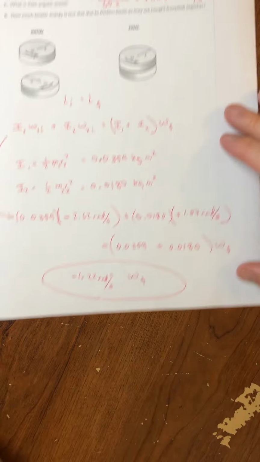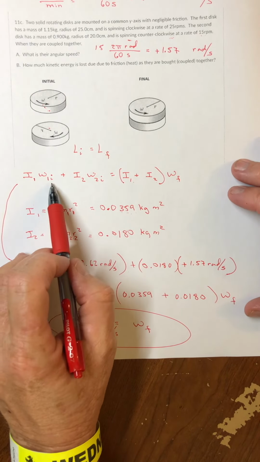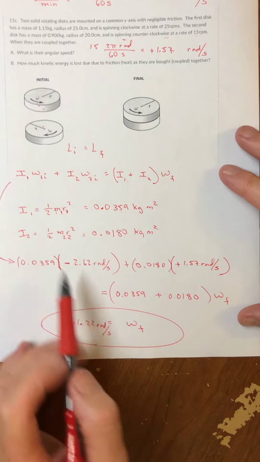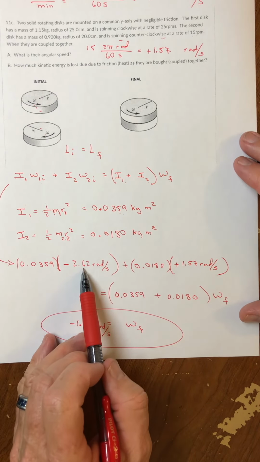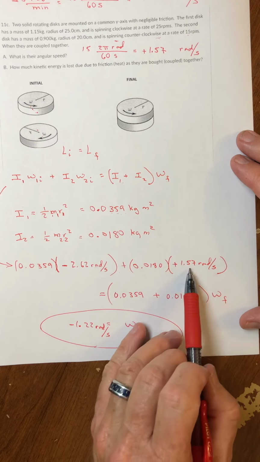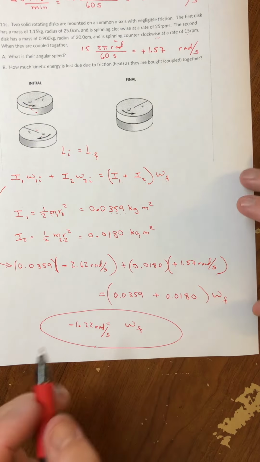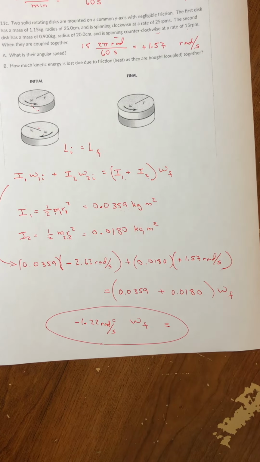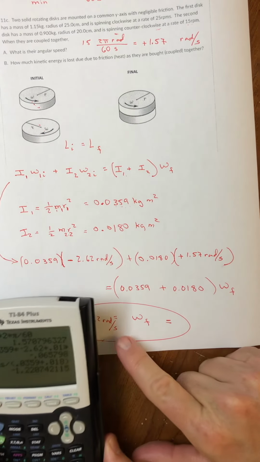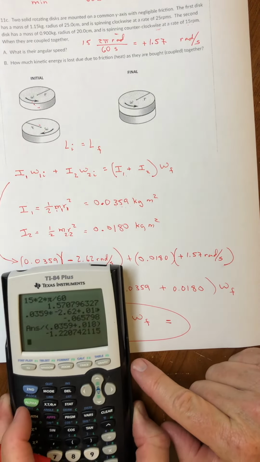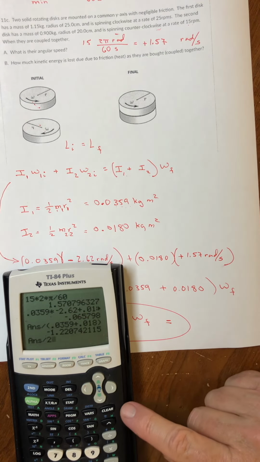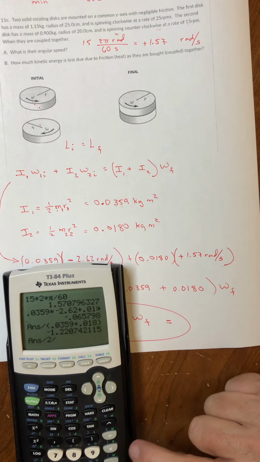Now, if you had left this in units of RPMs, of course, you would have put a negative 25 here, and you would have put a plus 15 here. And you would have gotten, let's convert it. Let's see, for radians, I would have to then divide by a 2 and a pi.